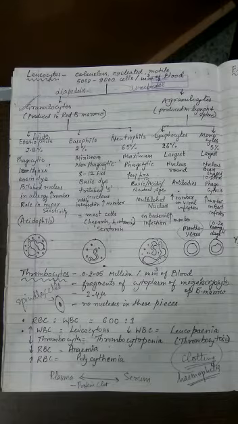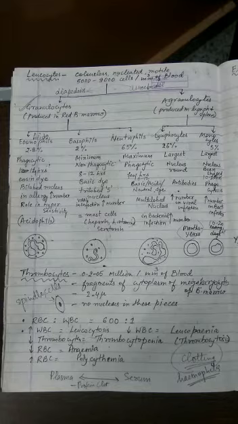Blood plasma is slightly yellow in color. Serum will be more transparent in its nature. Blood plasma contains corpuscles as well as the factors and proteins, and serum does not carry the blood cells or blood corpuscles, and the factors are also missing from the serum.